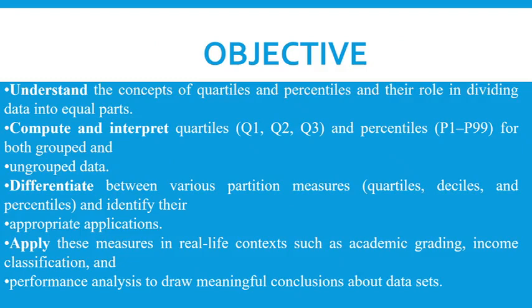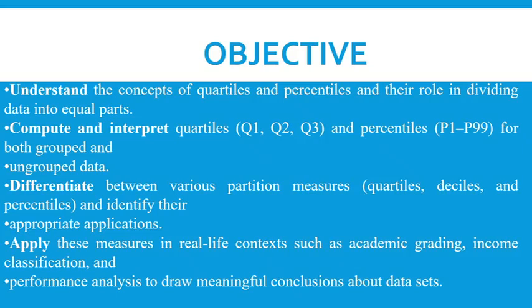What are the objectives? The objectives are to: 1. Understand the concept of quantile and percentile and their role in dividing data into equal parts. 2. Compute and interpret quantiles, which are Q1, Q2, Q3, and percentiles, for both grouped and ungrouped data. 3.